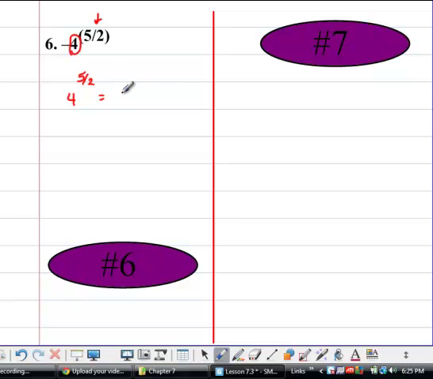So I'm going to take the square root of 4, because I'm taking the second root, and then I'm raising that to the 5th power. Square root of 4 is 2. That gets raised to the 5th power. I get 32. And then I just bring my negative down. So it's negative 32.